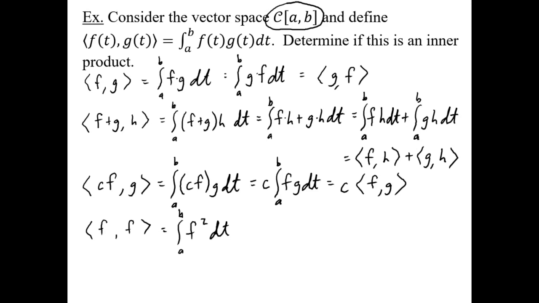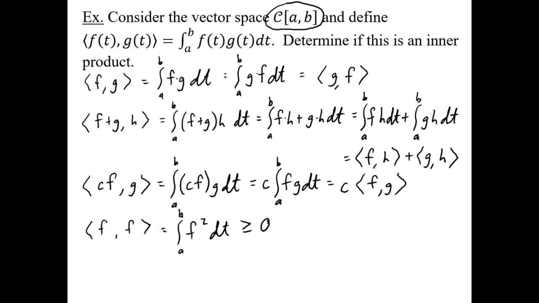And if you integrate a positive function, you're always going to get a positive answer. If you want to think of the integral as the area under a curve, if the curve is always above the x-axis, then the area is always going to give you a positive answer. This is greater than or equal to 0. And again, the only way we're going to get 0 this time is if f was the 0 function.